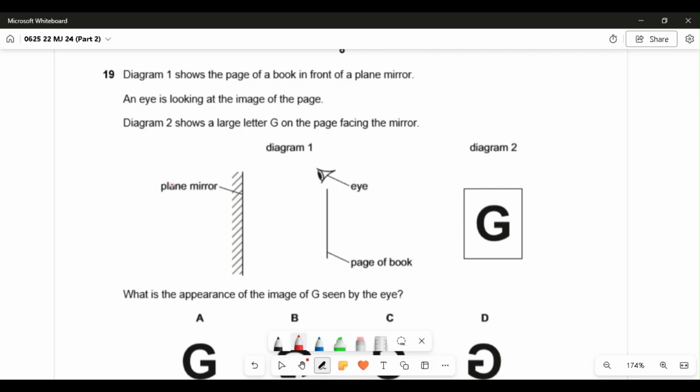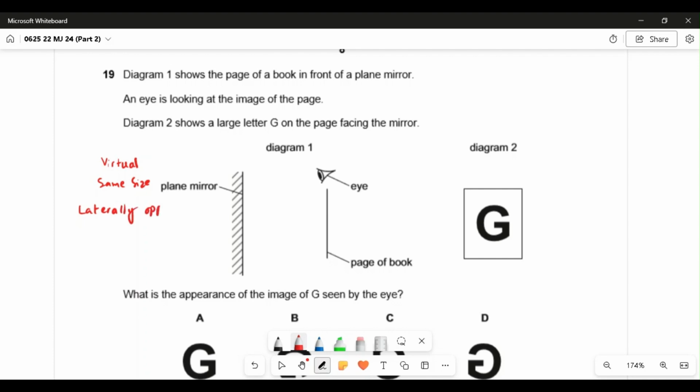So for the plane mirror, we know that the image is always virtual because it cannot be seen on the screen, and it is virtual, same size, and laterally opposite.